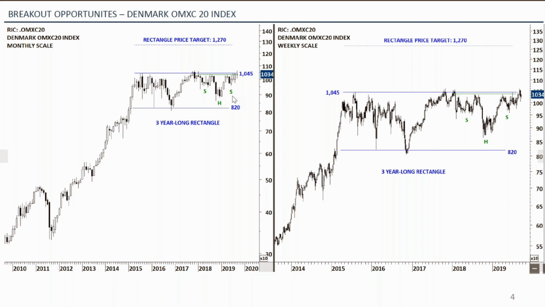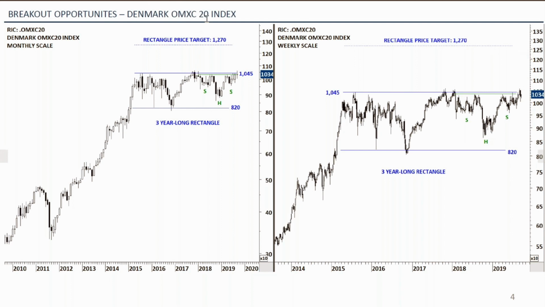So a shorter term chart pattern completing a longer term chart pattern is something that we look for, because there are two positive signals coming. One of them is the larger scale chart pattern completing. The other one is the short term at the same level. So what we are seeing here is 1045 levels is being tested several times, and a breakout can easily result in a nice steady uptrend towards the rectangle price target 1270.